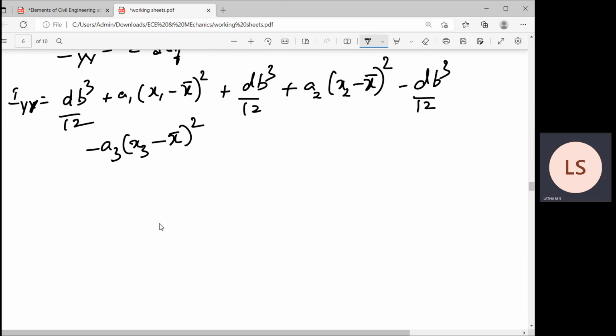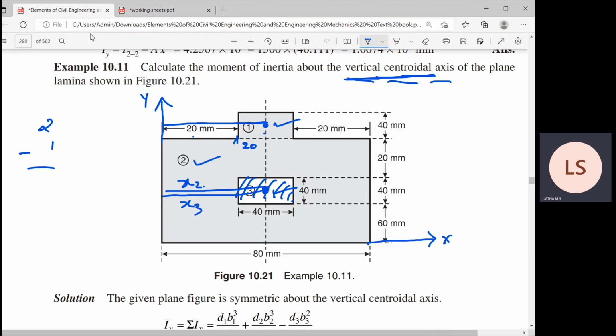When I substitute for the first rectangle, B is equal to 40 mm, D is equal to 40 mm.